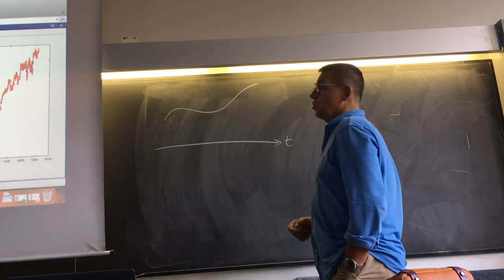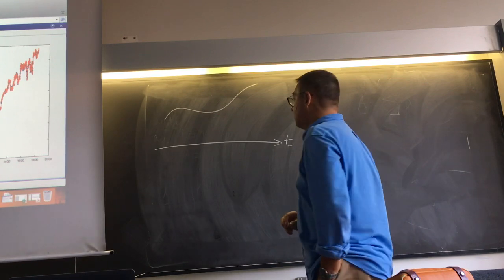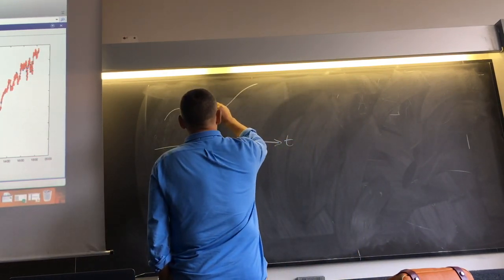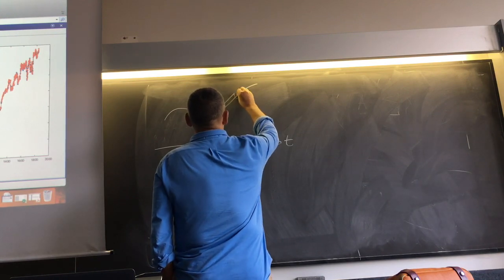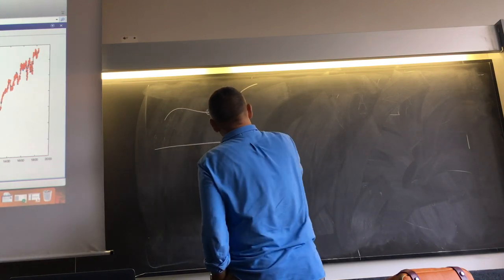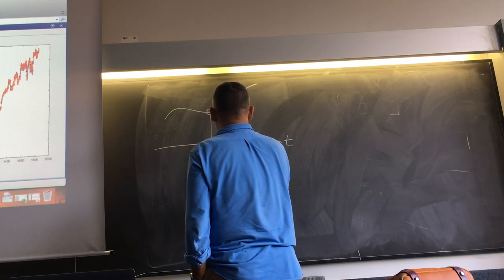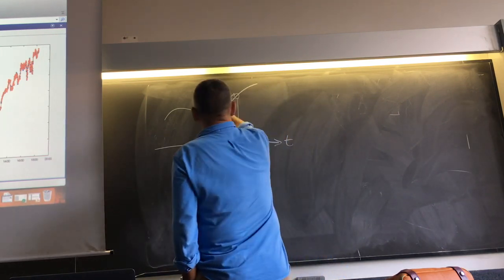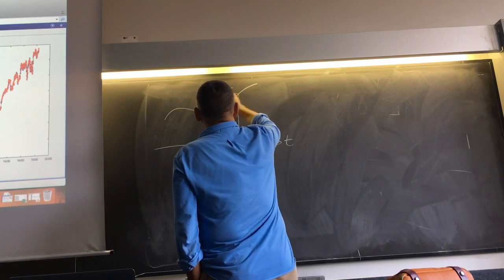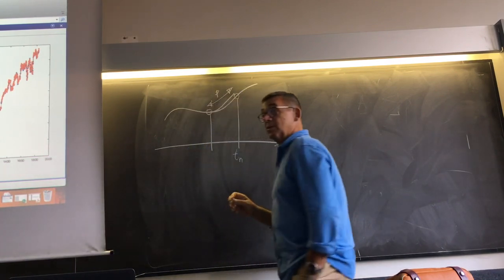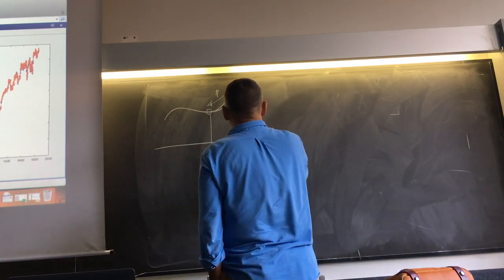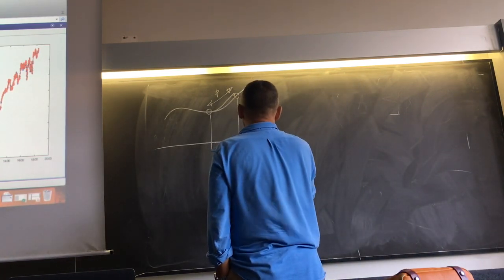So my goal is to predict. I want to use some set of data. Let's say this is time tn, and we want to use a set of p samples to predict the sample at time tn plus 1.